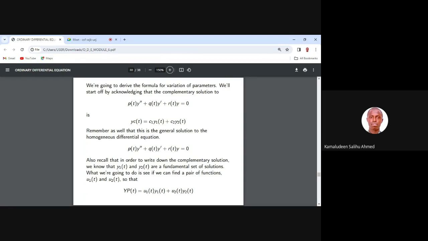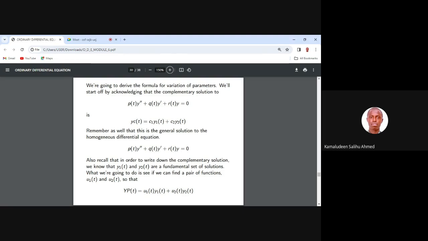Using completing the square, you derive the general solution, and it sticks in your head. We are going to do the same for variation of parameters: prove it and establish one general formula, which we'll use in solving whatever problem we're given.